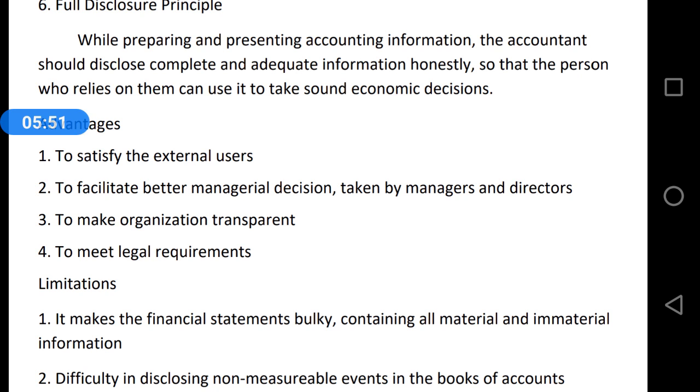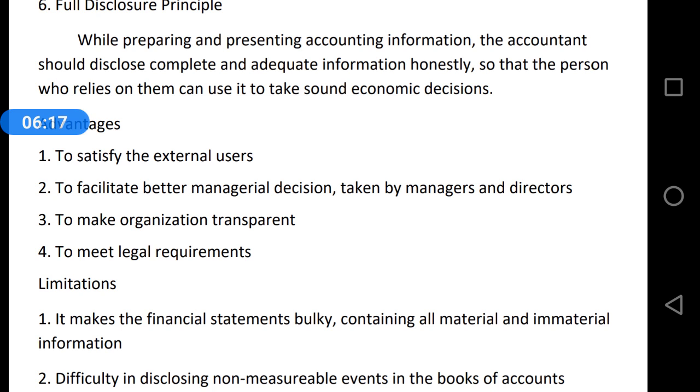So it is the duty of the accountant to disclose each and every information honestly through financial statements, so that the users who rely or depend on them can use it to take sound economic decisions.